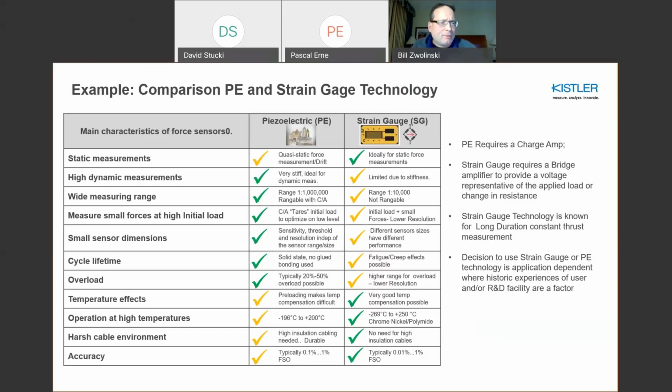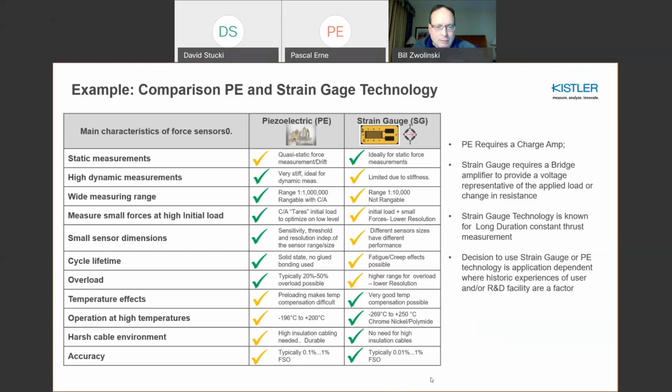Sensor dimensions tend to be small, and it has a very good overload profile. In terms of strain gauge, it's ideal for static forces, optimized for that. It has very good temperature compensation because of the resistive bridge and being able to compensate using thermistors.